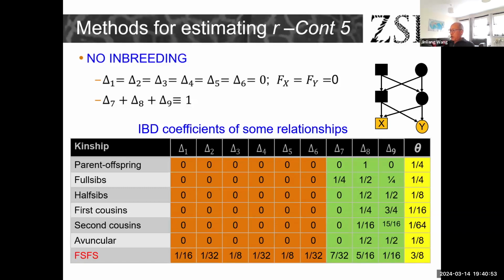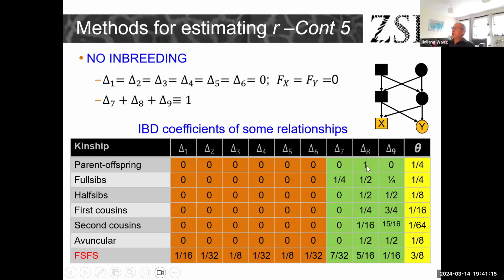In this table, we summarize the IBD coefficients of some common relationships found in reality. For example, for parent-offspring, we have only 1 IBD state possible, that is S8.